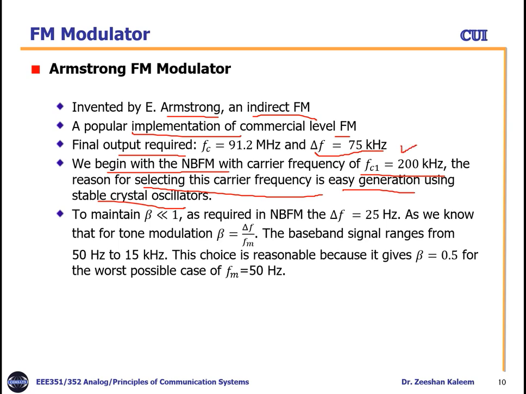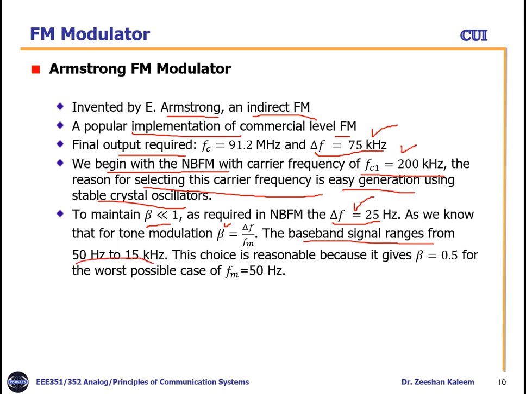To maintain beta less than 1, as required in narrowband FM, we started with delta f equal to 25 hertz. Our targeted delta f is 75 kilohertz, and we started with delta f of 25 hertz. As you know, for tone modulation, delta f over fm is beta. The baseband signal frequency ranges from 50 hertz to 15 kilohertz.